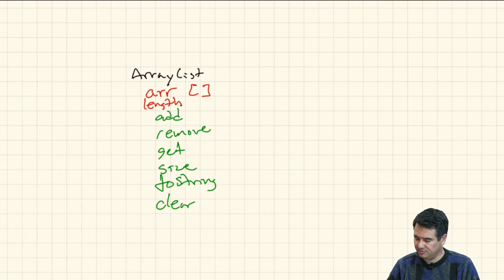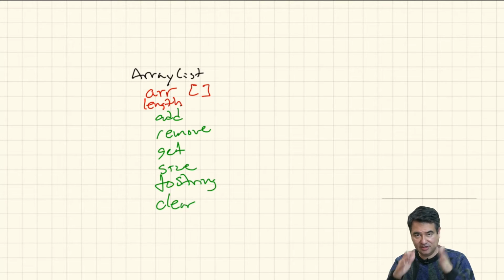So the whole purpose of providing these methods here is to give us sort of windows that allow us to modify these private variables, the array and the length, without actually being able to touch them directly. In other words, if I do an add, it's going to modify this length variable here. It's going to put a new entry into the array and possibly extend it if we need to. When I do remove, all it's going to do is subtract 1 from the length here. When I do something like a get, it's just going to reach into the array and pull the value out.